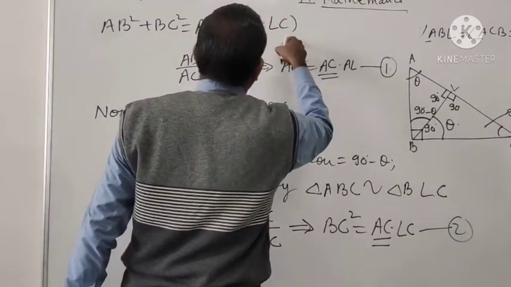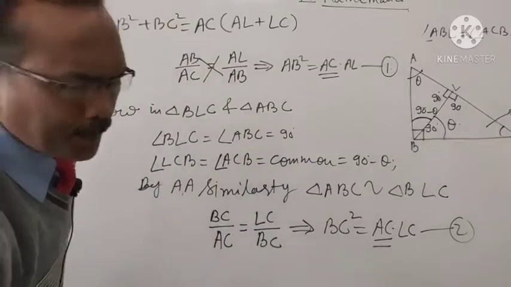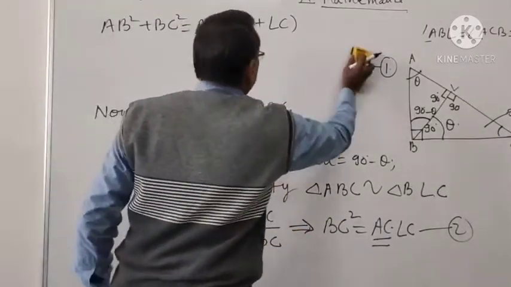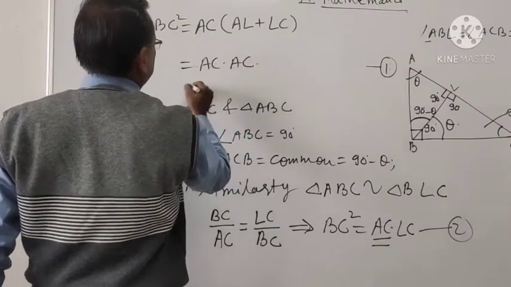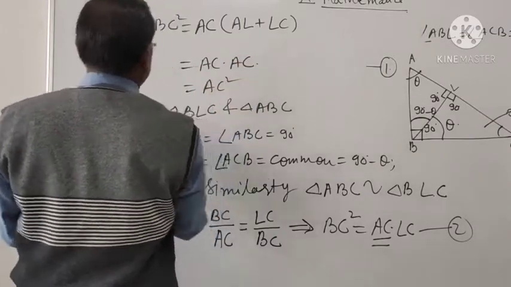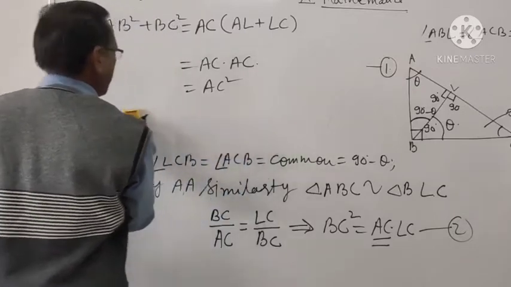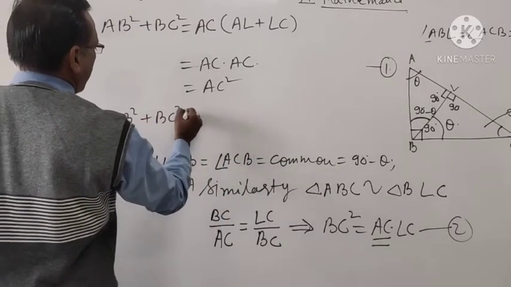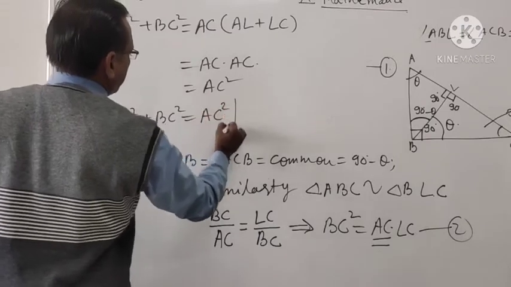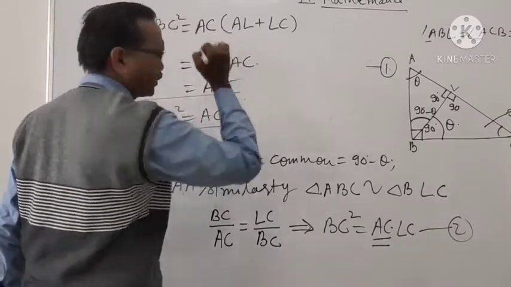AL plus LC becomes AC. So AC into AC becomes AC square. So this is the Pythagoras theorem: AB square plus BC square equals AC square. The proof of the theorem.